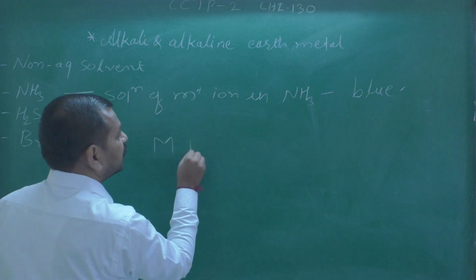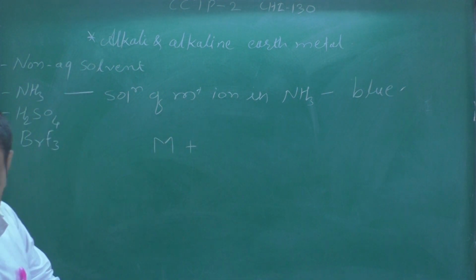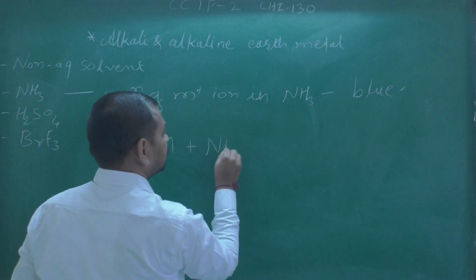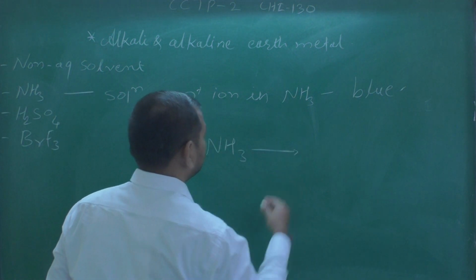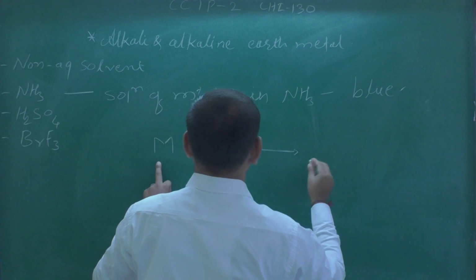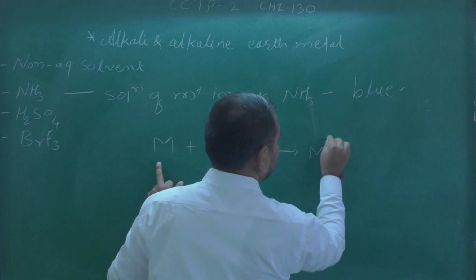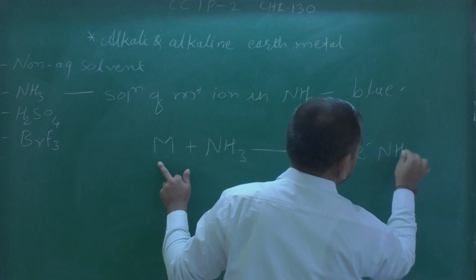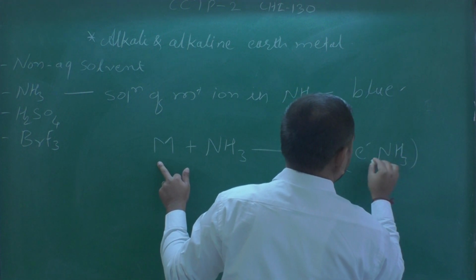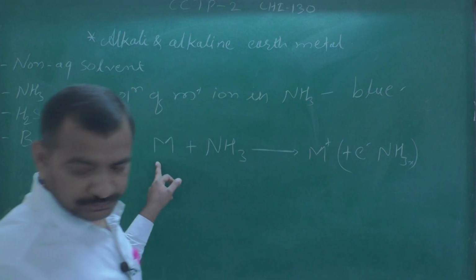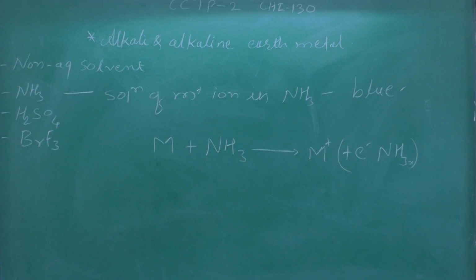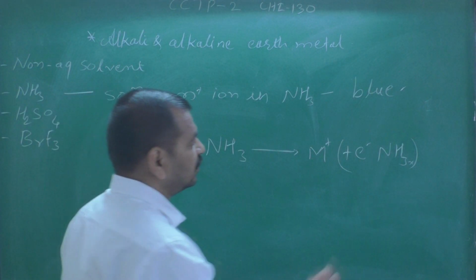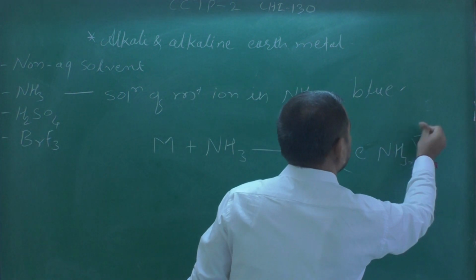Metal plus ammonia forms metal ion plus electron in NH3, or sometimes written like this.